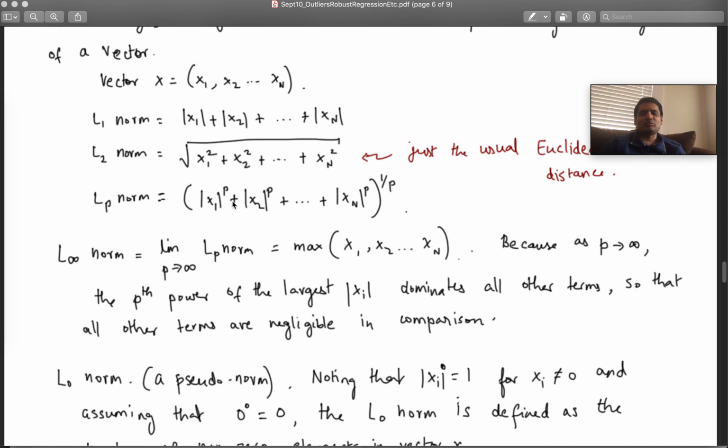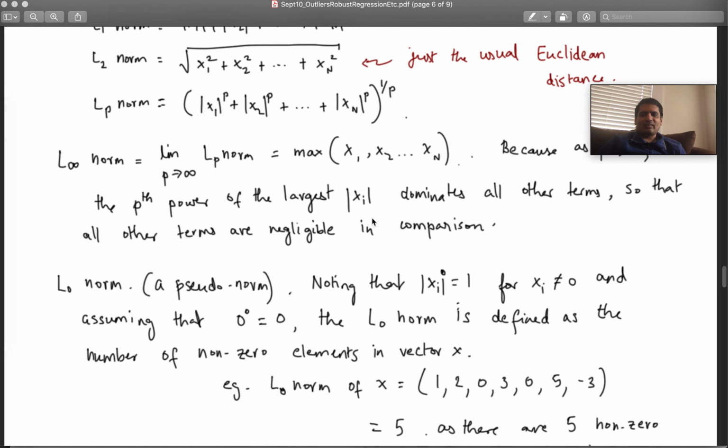The largest element raised to the power p will so dominate the next largest element that when you take the power 1 over p, what you get as the answer is basically the largest element of xi. So the L infinity norm, it turns out, is just the maximum element with an absolute value sign, of all the elements in the vector. So that's called the L infinity norm.